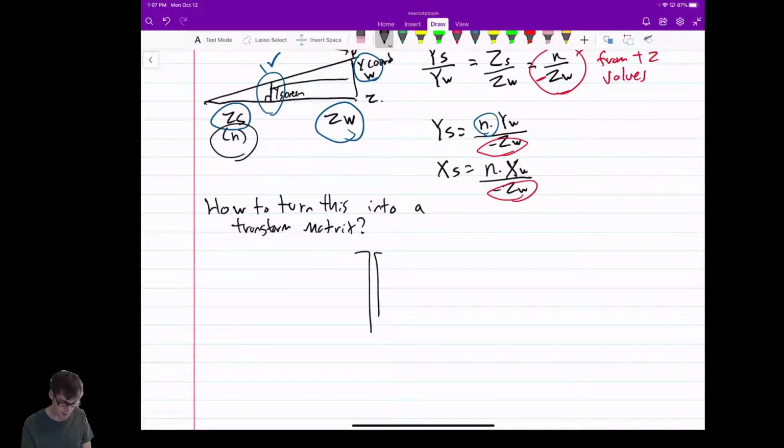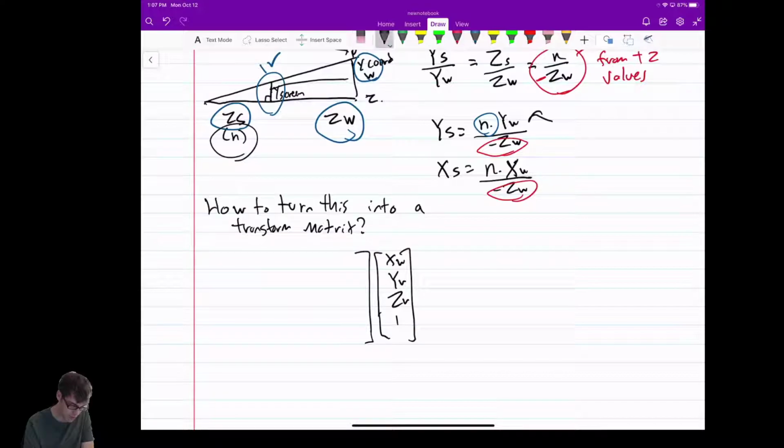So first of all, we have x in the world, y in the world, z in the world, 1. And then all I'm going to do is, it's actually quite simple. I'll put an n. We look at this and go, all right, for y it needs to be n times y. For x, we need n times x. So we just put that right into our matrix.